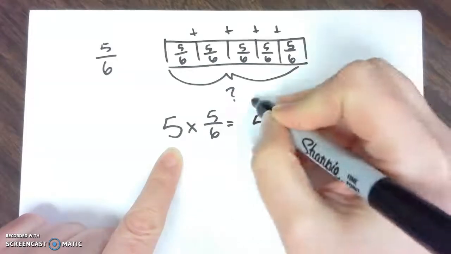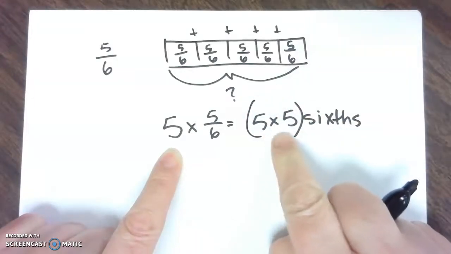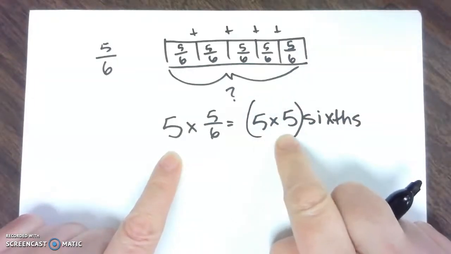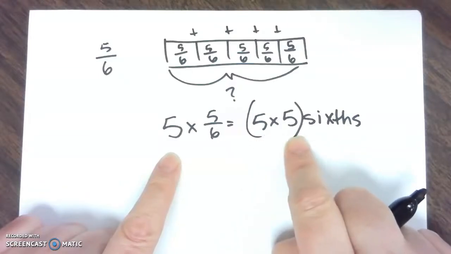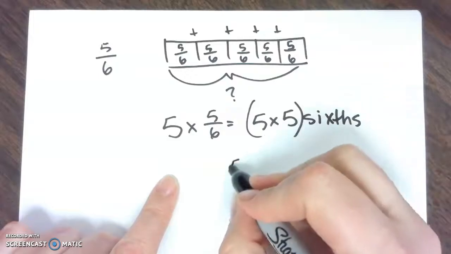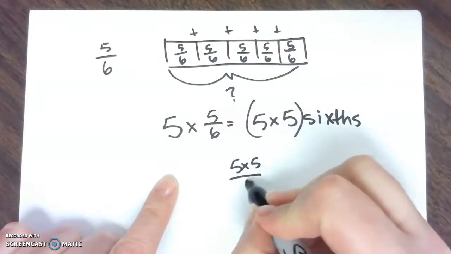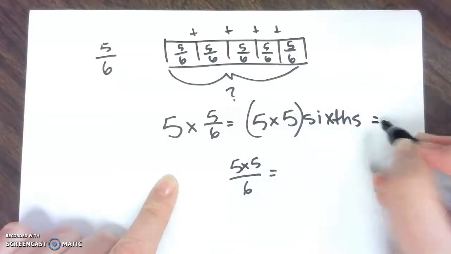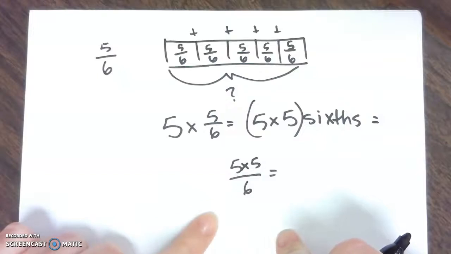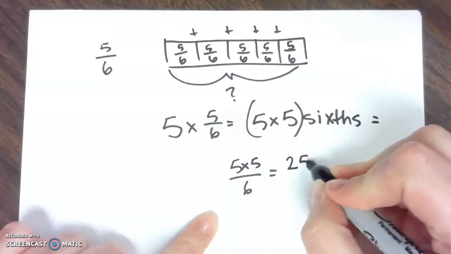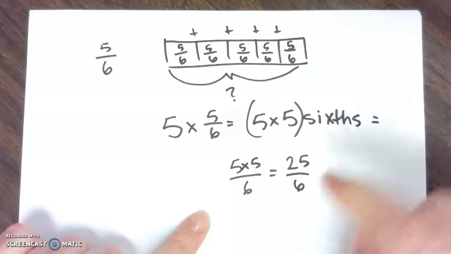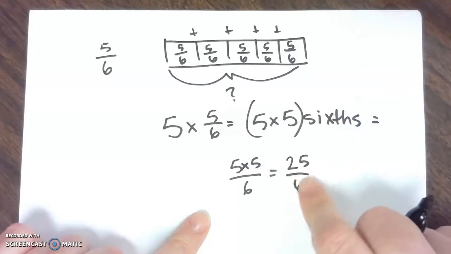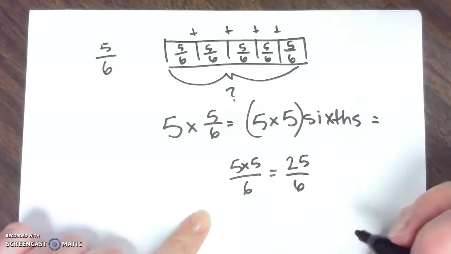And then we use the associative property to make these two numbers play together. So another way that we can write this is 5 times 5/6, and that equals 25/6.